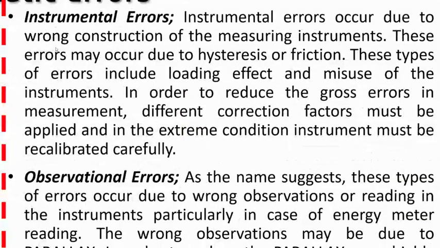Now, instrumental error occurs due to wrong construction of the measuring instrument. This error might be due to frictions or problems with the measuring devices. This type of error also includes the loading effect or misuse of the instrument.